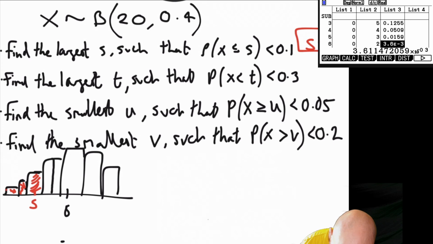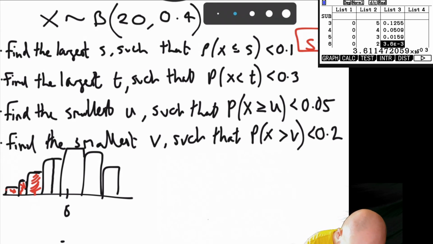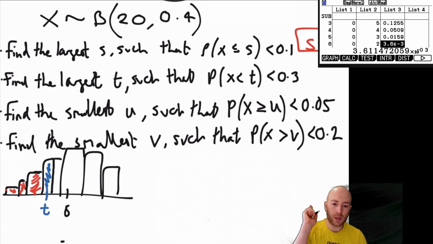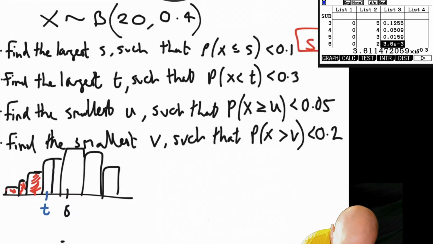Let's use blue this time. So I'm going to have my t as that value. Oh, no, I'm not. I don't want to include t, I want less than t. So if I make t that bar, I shouldn't have shaded that. I'm going to shade all the other ones because we don't want to include it. We want less than t this time.